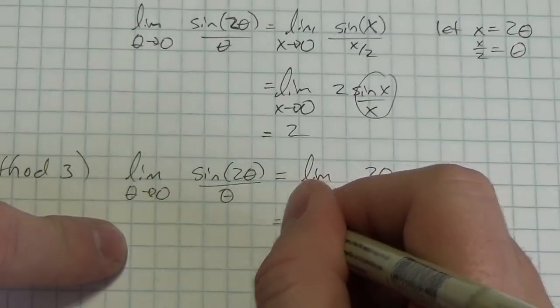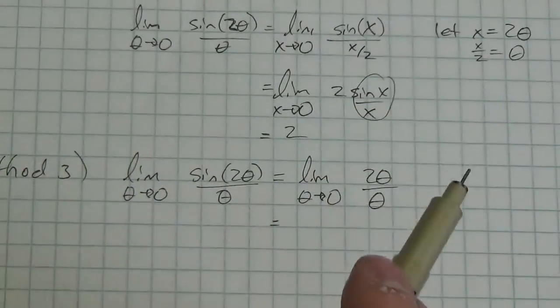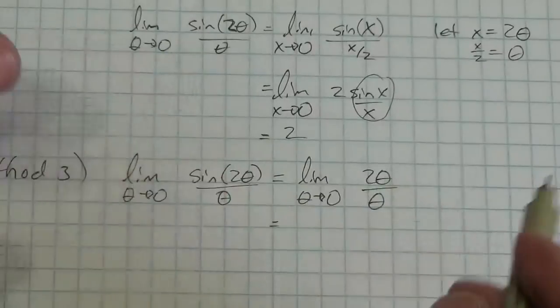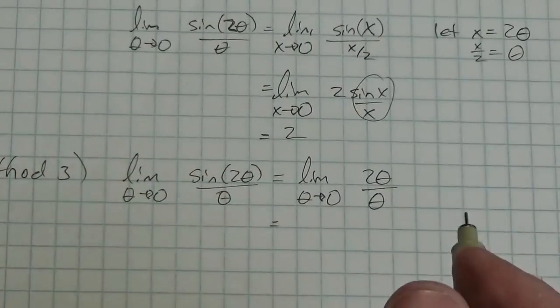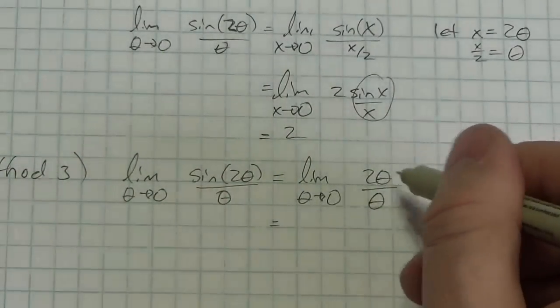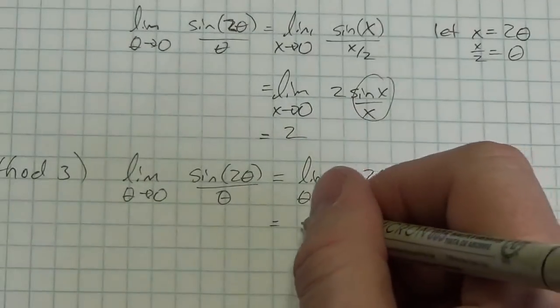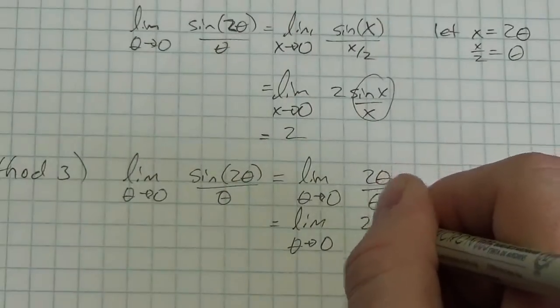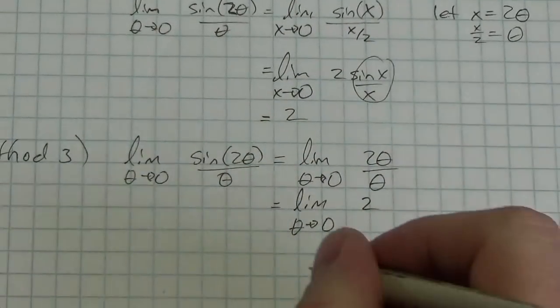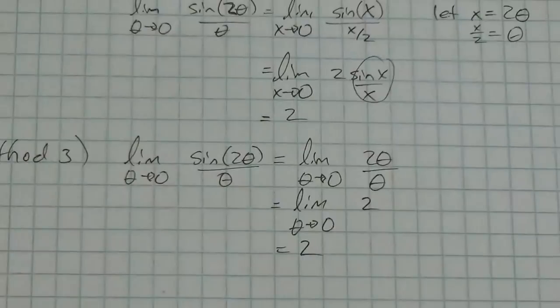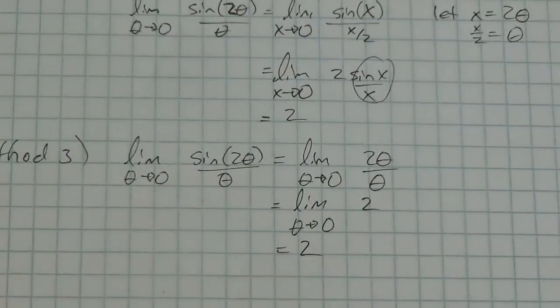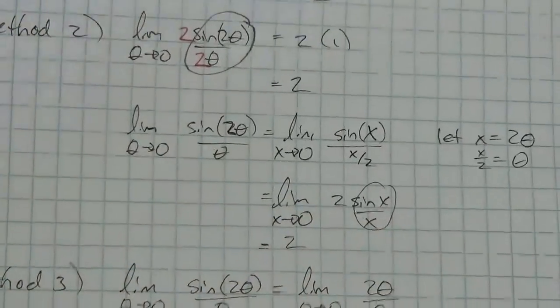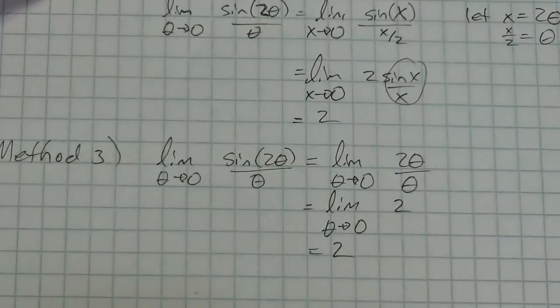Now, although that looks pretty awkward, I can do it because I'm letting the angle get really, really small. And now, theta divided by theta is 1. So now we've got the limit as theta approaches 0 of just the number 2, which is a constant. So there it is once again, the answer 2 pops out. Anyway, you've got 3-ish methods of approaching the exact same limit.